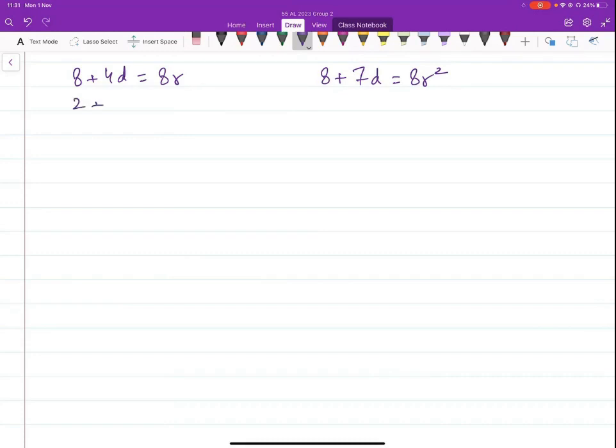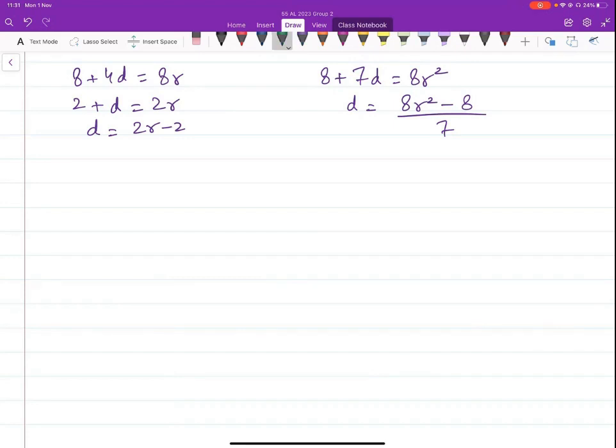In the first case, we get 2 plus D equals 2R. So simplify करके, and then D equals 2R minus 2. We can either just input this in the other equation, or we can make D the subject from the other equation as well, and that gives us 8R square minus 8 divided by 7. So we've got D the subject in both of them.